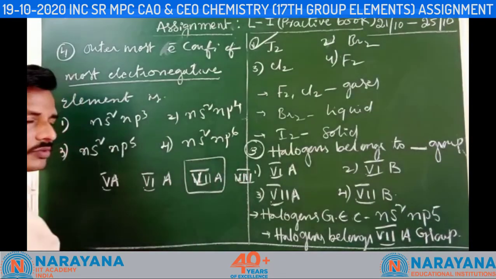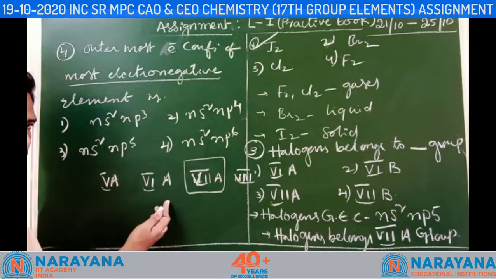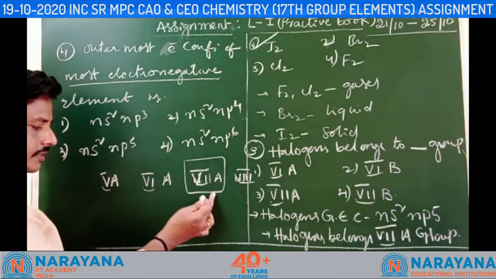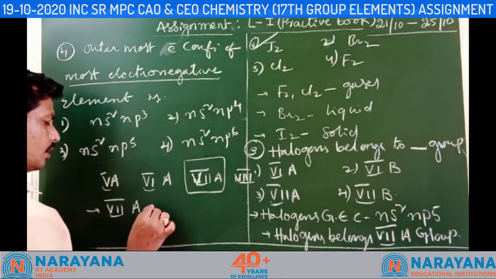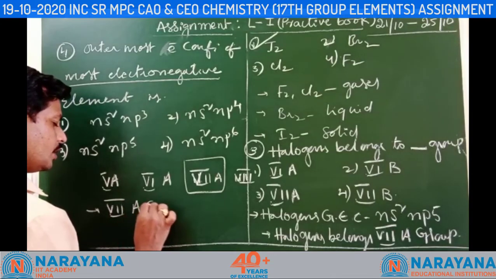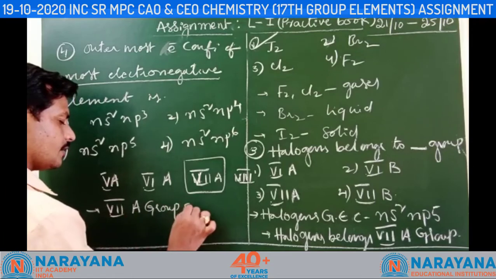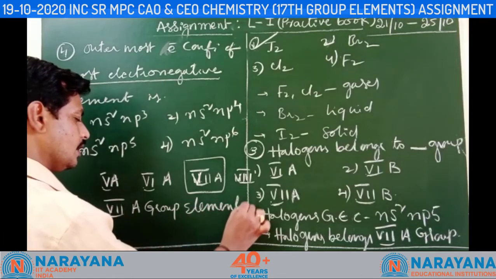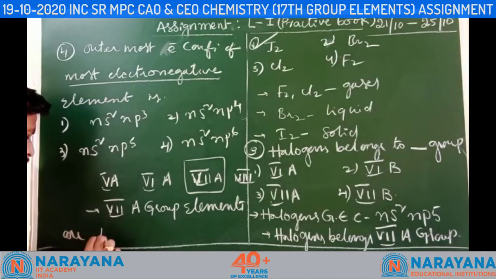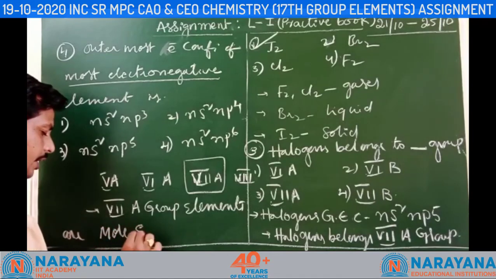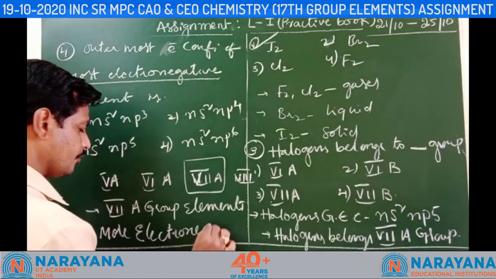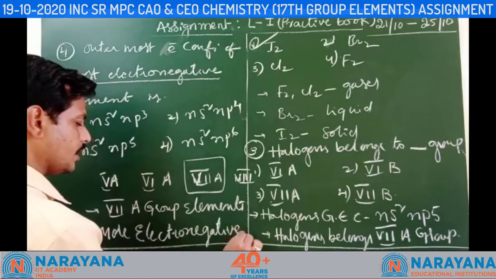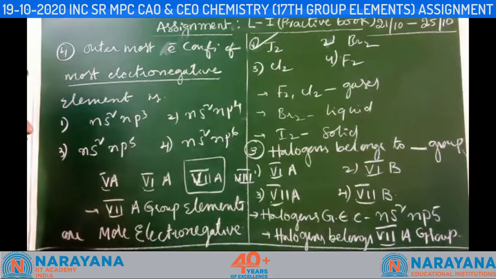From left to right, electronegativity increases. Hence, seventh A group elements are more electronegative. So this is about the fourth bit.